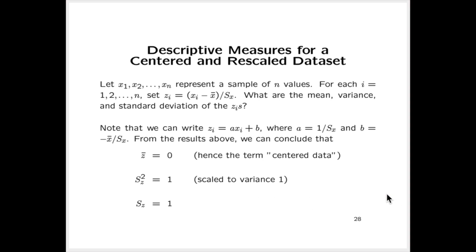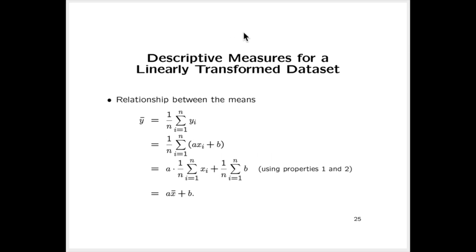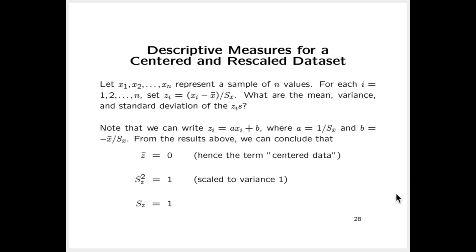All right, now let's look at descriptive measures for a particular kind of linearly transformed data. One special case of a linear transformation is when we center and rescale a variable. So let x1 through xn represent a sample of n values.